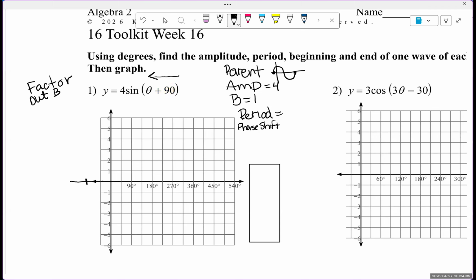So the period is 360 divided by B, which is 360. The phase shift is 90 degrees in the negative direction.